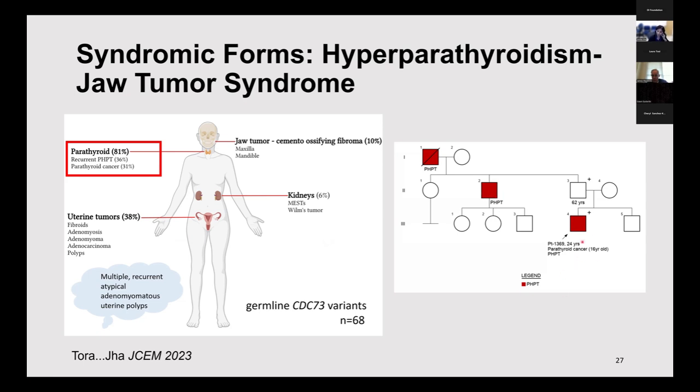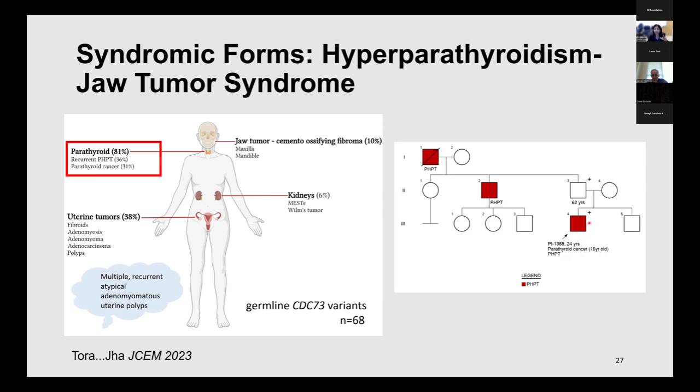So we'll present to you this case here where we had this proband shown here with the black arrow. The proband presented to us at the age of 24 years with primary hyperparathyroidism. He presented actually at the age of 16 years with profound hypercalcemia and was diagnosed with parathyroid cancer post-operatively. He really denied any history of primary hyperparathyroidism or related manifestations in his parents.